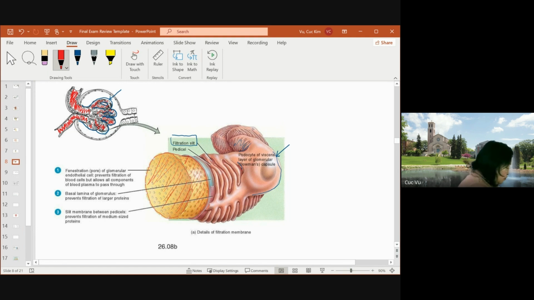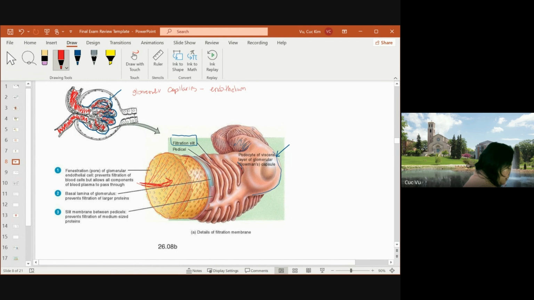So blood can move from here. Now, remember that these blood vessels are capillaries, right? Capillaries consist of an endothelium.